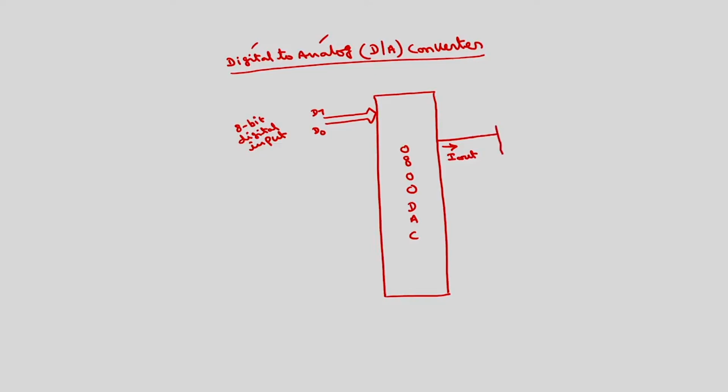This has to be converted into voltage by using an external current to voltage converter, which can be implemented by using an operational amplifier. This is V out, the analog output.